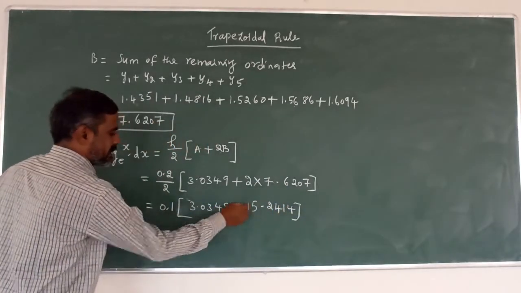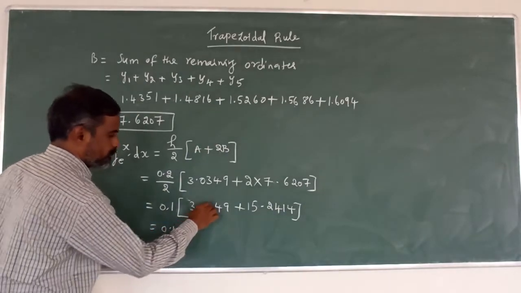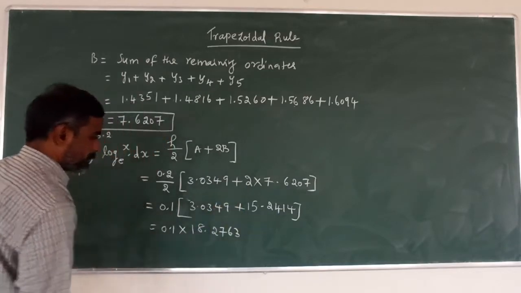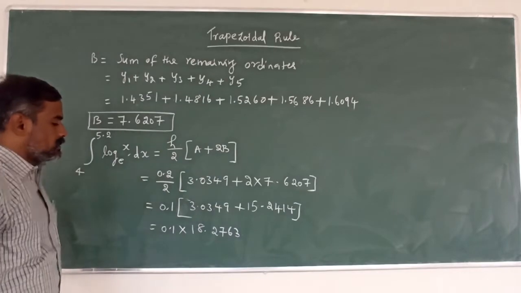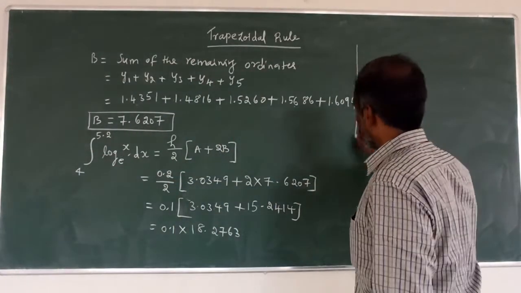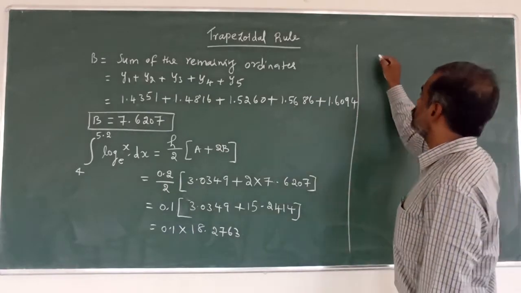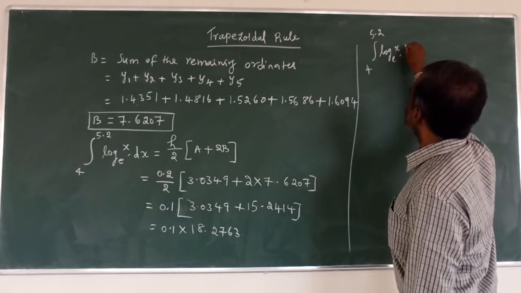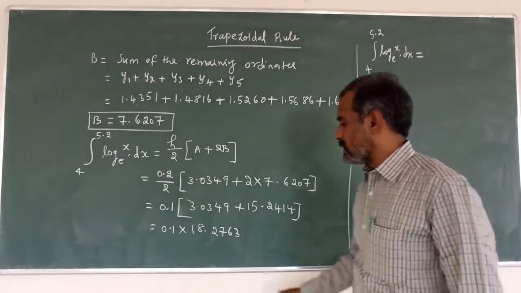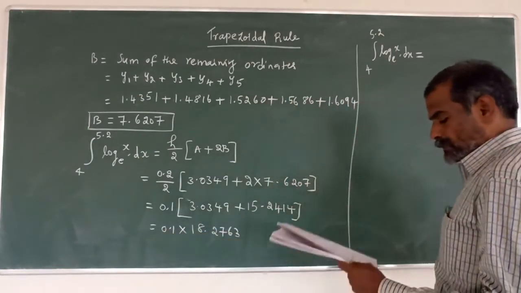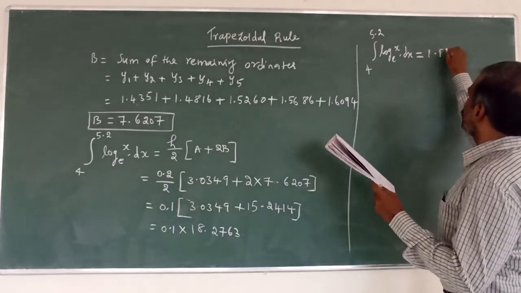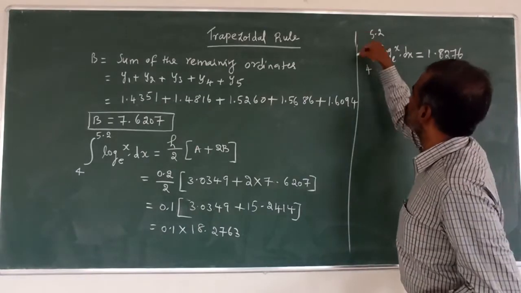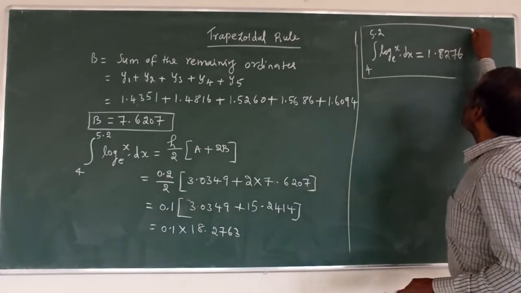Now adding these two, 0.1 into 18.2763, and the final result of the integration from 4 to 5.2 of log e x dx equals 1.8276. This is the final result.